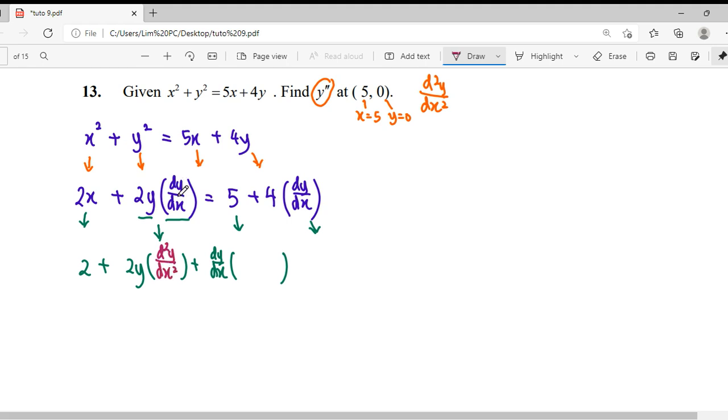So this is how we differentiate dy dx to become the second derivative d2y dx squared. Then differentiate the front, 2y. Differentiating 2y leaves us 2, and because of variable y, implicitly we have to multiply with dy dx.